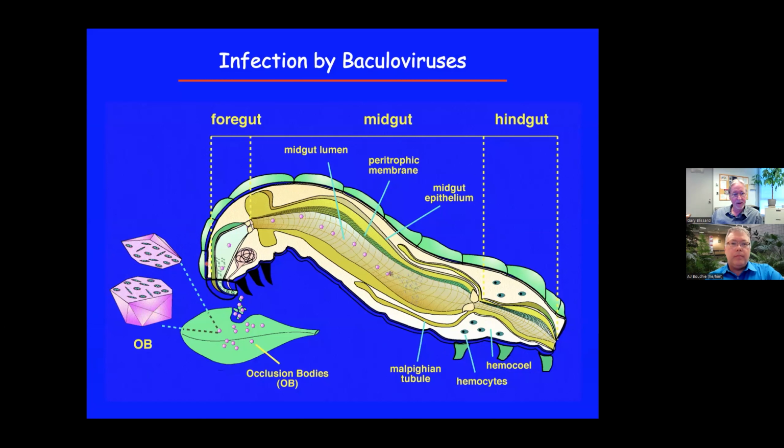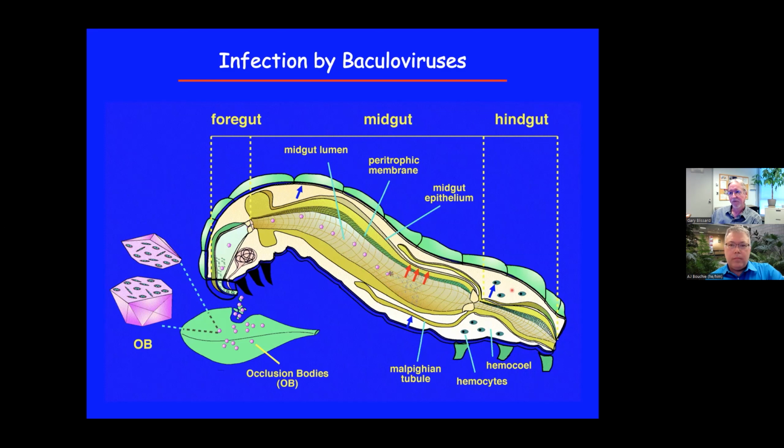When a susceptible larva, usually a lepidopteran, eats these, the large occlusion body dissolves in the gut and releases those infectious virus particles. They make their way to the cells that line the gut, the epithelial cells of the midgut. They infect those cells, and then the infection moves into the rest of the animal. It becomes systemic and infects almost all other tissues of the host.